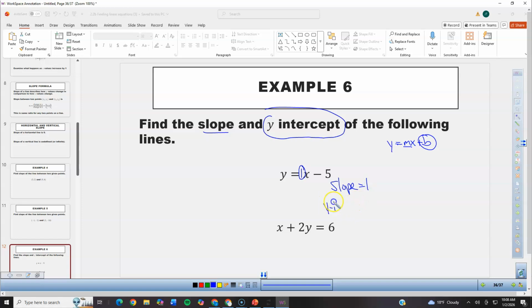And then my y-intercept is going to be negative 5, because that's my b. So that'd be the point 0, negative 5. Or you could plug in 0 for x like we did last video and solve for it. Either way is fine. So that's pretty quick with those ones. Those are the good ones.